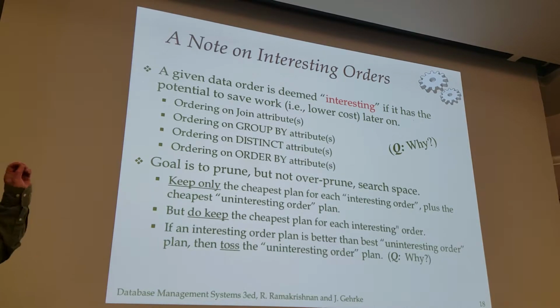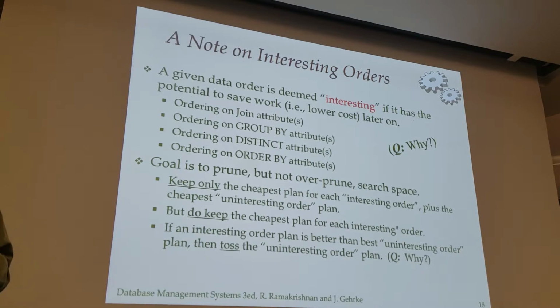So basically, an interesting order has to do with what column or columns the data is sorted by. It's not how I got the data. I will keep the cheapest way of getting ABCE, and I'll also keep around ways of getting ABCE that have interesting sort orders for the data. And I have to tell you a little more about what interesting means.